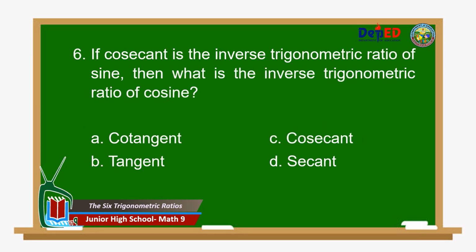Number 6. If cosecant is the inverse trigonometric ratio of sine, then what is the inverse trigonometric ratio of cosine? A. Cotangent. B. Tangent. C. Cosecant. And D. Secant.